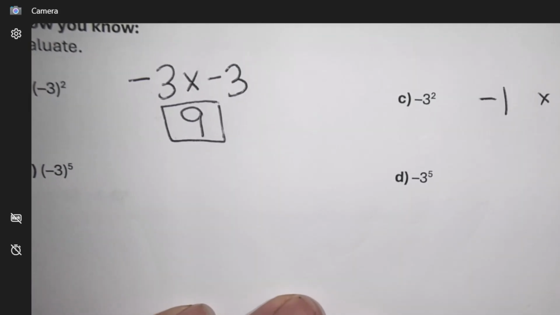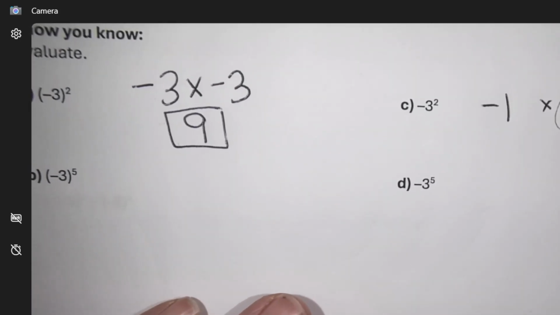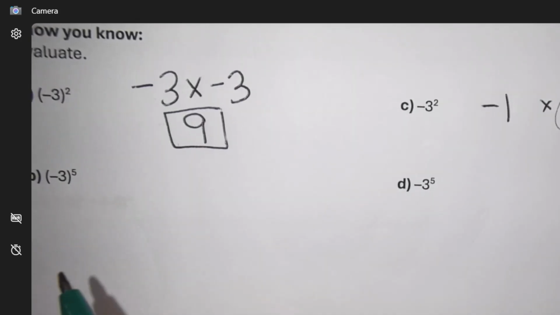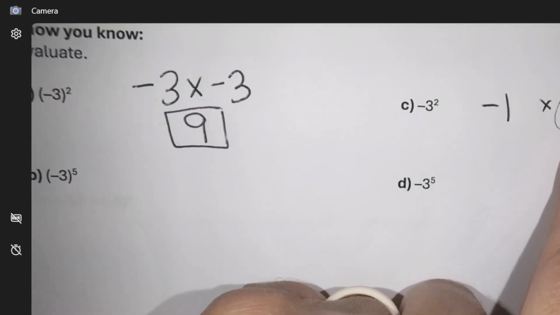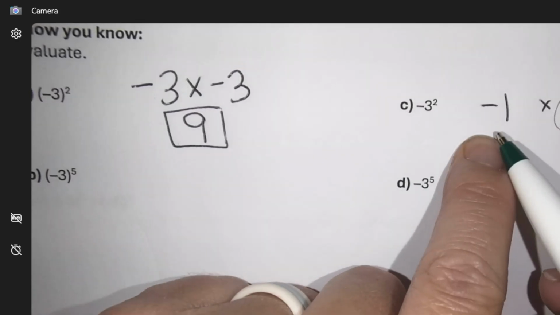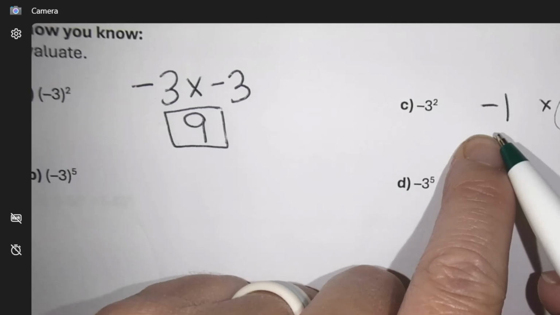Yeah, like this is just what you did, like that? That's good, because now your brain's really separating them. So this is the repeated multiplication, and then this is what we call a coefficient, which is not involved until after.